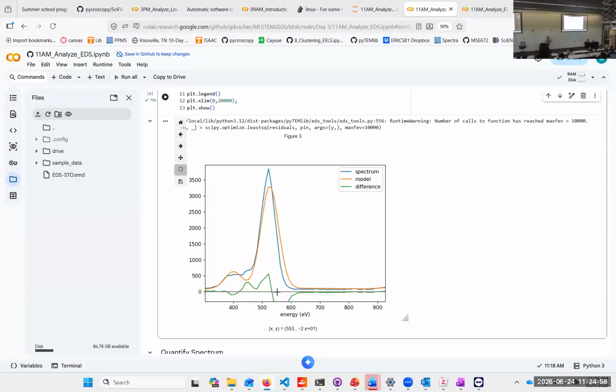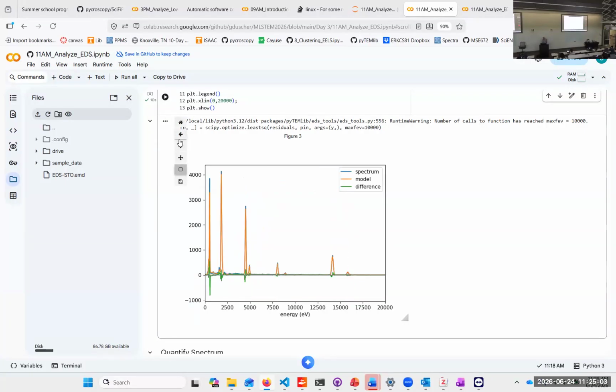But the key thing is the only free parameter is for each family the height, and the height of the background, so the amount of Bremsstrahlung that I have. That is it. So I really limited the amount of parameters here, and the fitting parameters for each family is directly my quantification.